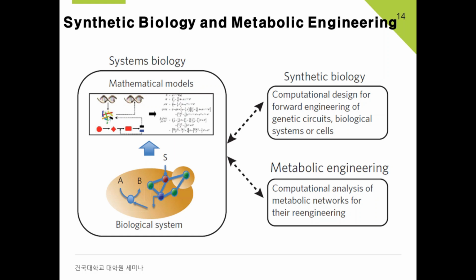Now, metabolic engineering is mainly involved in the re-engineering of metabolic networks of a specific strain or cell factory. It can be used as a way to improve cellular properties such as substrate utilization, chemical production, yield and productivity, and improvement of cellular robustness or its tolerance to toxic compounds or harsh environments.